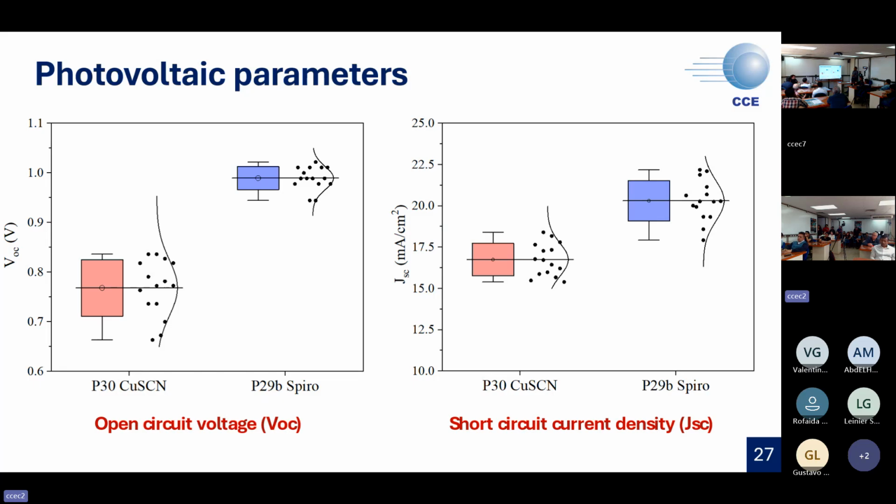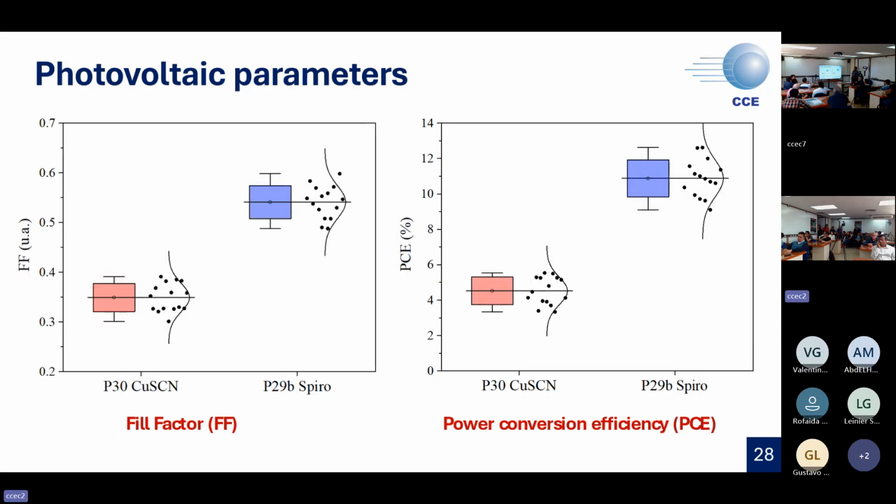We compare the open circuit voltage and the short circuit current density. And we can see that spiro-OMeTAD, the blue chart, represents a better value of open circuit voltage. The same situation occurs with the short circuit current density. A similar behavior we can see in the fill factor.